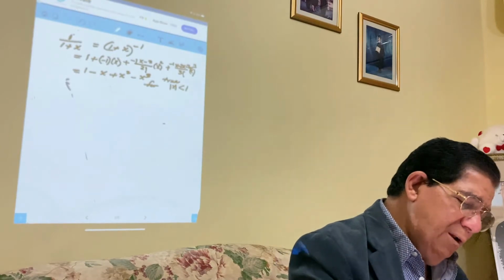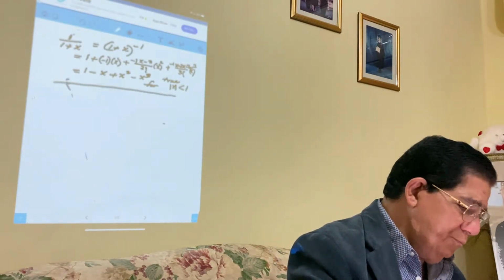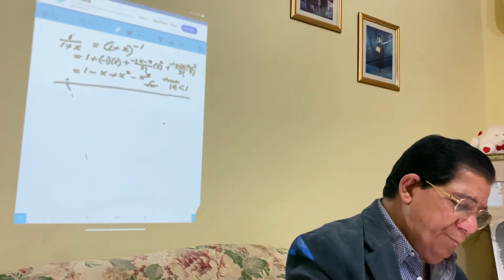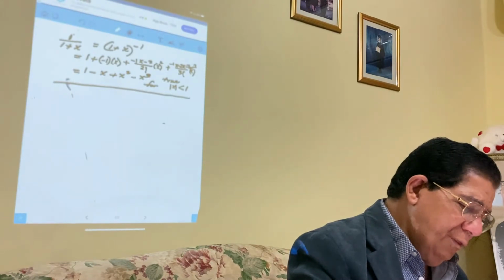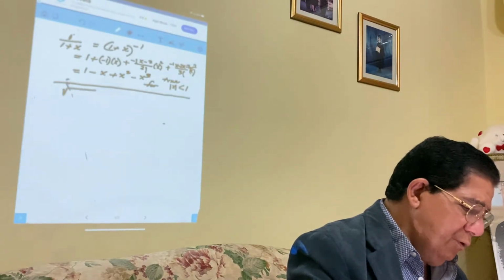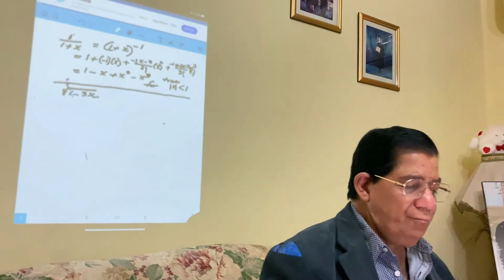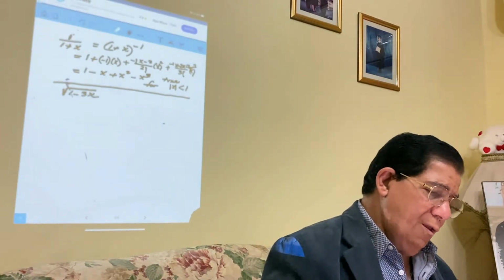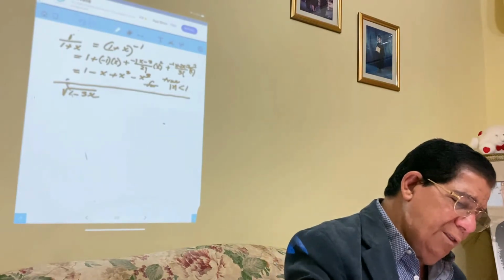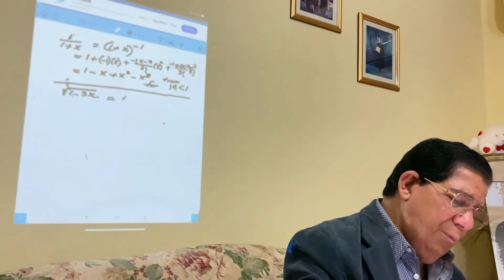Another example, we can be asked to find the expansion of the square root of (1 minus 3x). Then we say this is (1 minus 3x) to the power half.